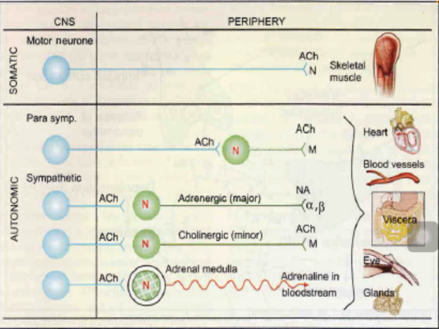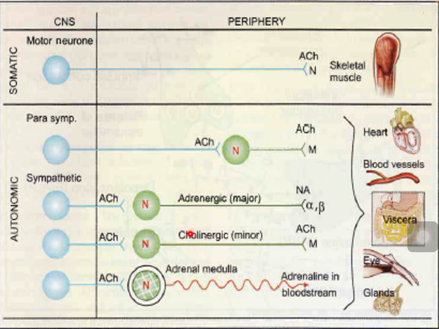In the sympathetic nervous system, all the preganglionic fibers release acetylcholine at their synapse with the sympathetic ganglia. The difference lies in the postganglionic fibers. The majority of them release noradrenaline.